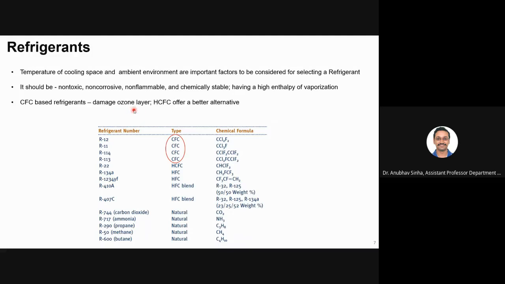Okay, so now we are looking at hydrocarbons instead of CFC. So these are the newer alternatives, and mostly the old ones are discarded now. No one will use this type of refrigerant, because the ozone layer is getting damaged because of this. Okay. So mostly the most common ones are R22 and R134A.